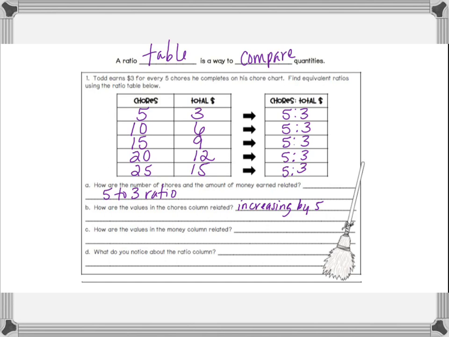If we look at the values in the money column, which is right here, we can see that they increase by 3 as we move down that column. And as we look at this ratio column, we can see that simply they are equivalent. All of those ratios are the same, so all of our ratios in our chore chart are the same as well.